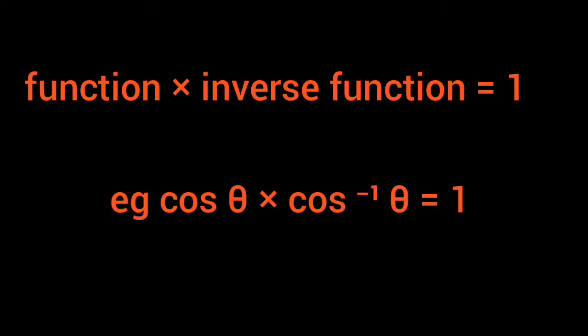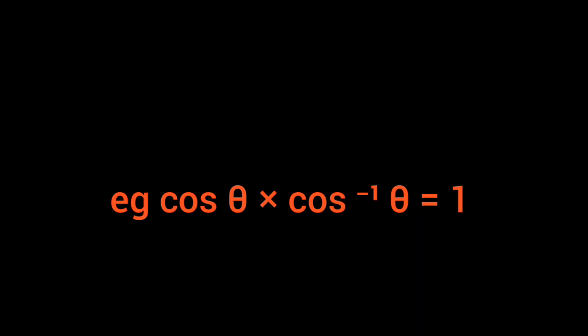So on your calculator, you'd press shift or second function, then press the sine or cosine or tangent button, and the calculator writes, for example, sine to the power of -1. But you know that it doesn't mean sine to the power of -1, it simply means the inverse of sine, or the arcsine.